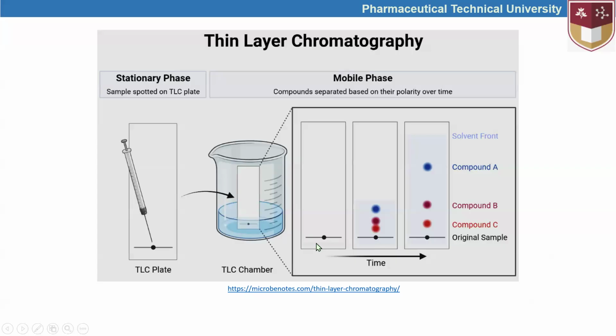So here we can see how the separation can happen as time goes by, as the distance between the starting point and ending point gets longer and longer. So we can see more and more distinct differences between the compounds, as indicated here. Okay, so we can end the separation as the solvent reaches this level.